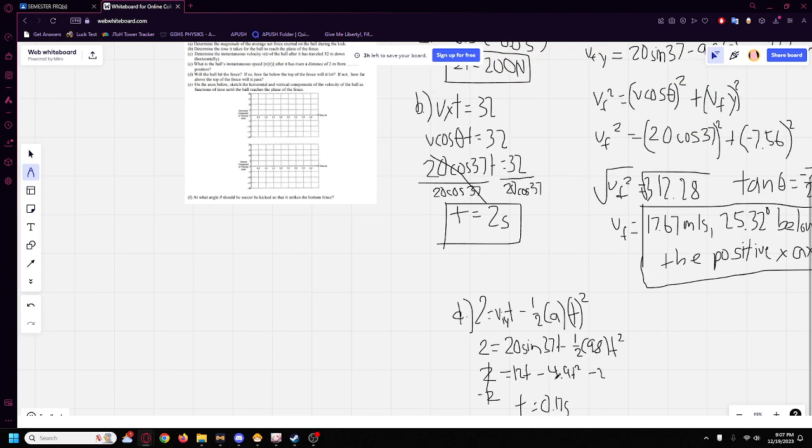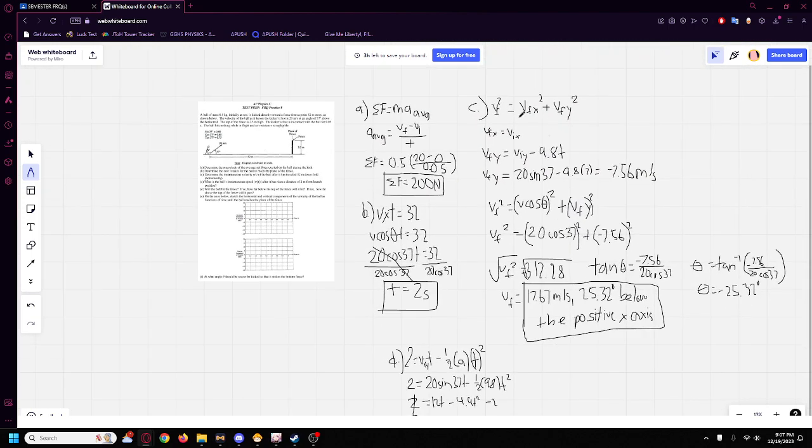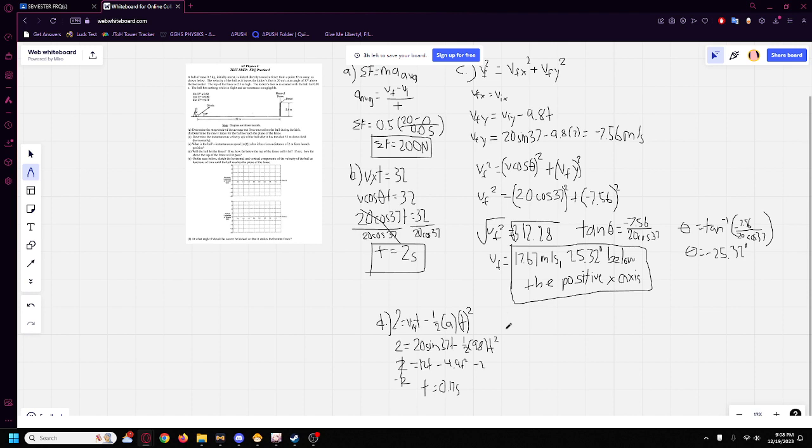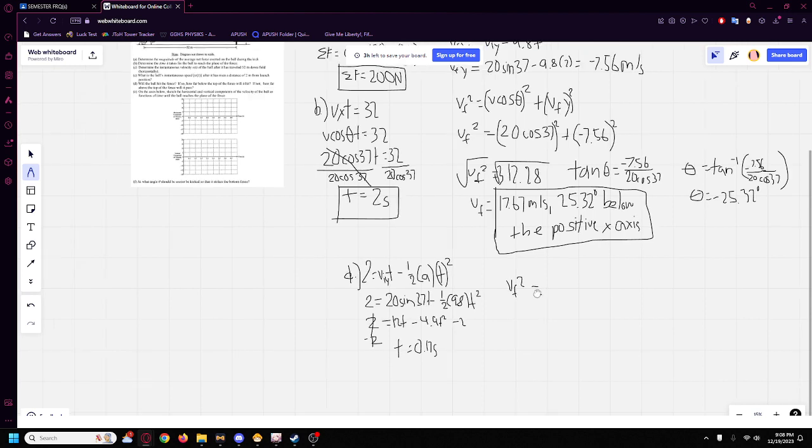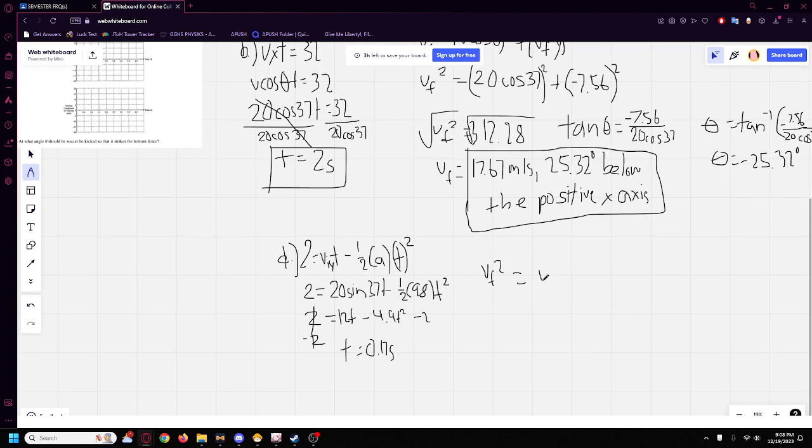So after you know that, we use the same formula over here, where VF squared is equal to VFX squared plus VFY squared.